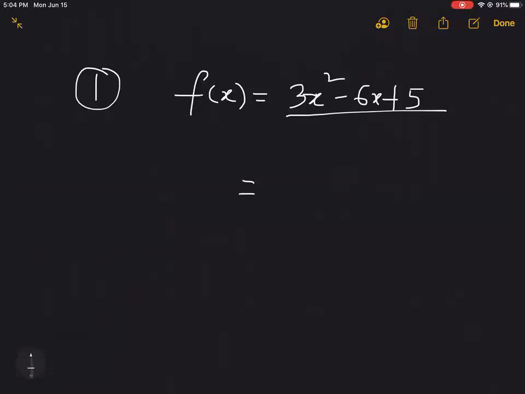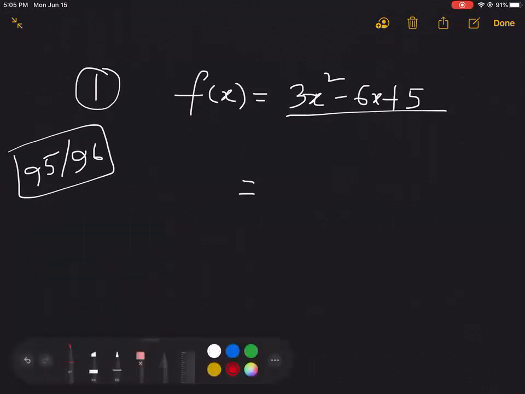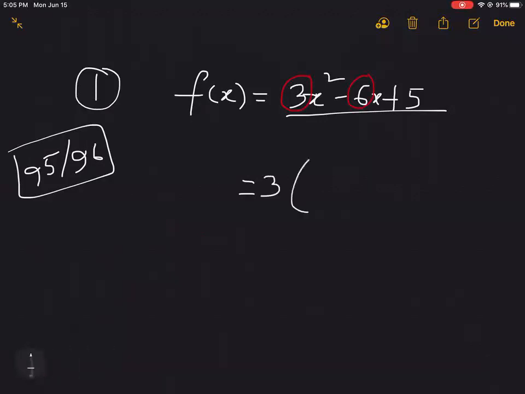If you remember from Math 95, 96, we have seen how to complete the square. So for that, I'll just factor out a 3 out of these two terms. So if I do that, I'll have x squared minus 2x plus 5.